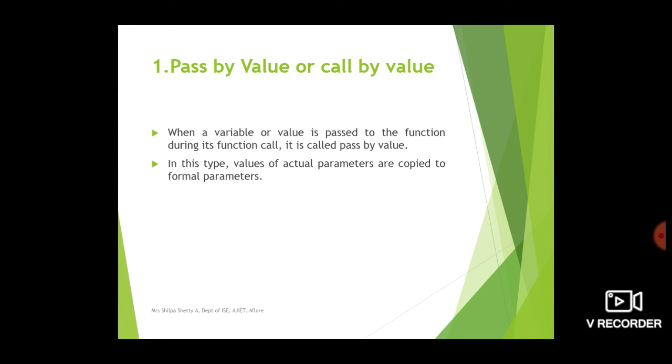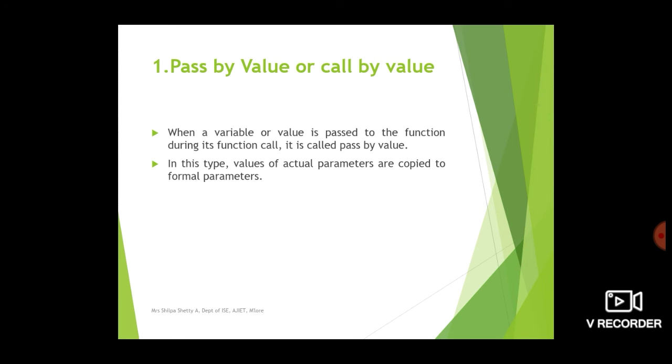Instead you will make a Xerox of it and give it to your friend. If any changes are made in the Xerox copy by your friend, it does not affect your original copy. Your original copy will be as it is. All the changes are visible only in the Xerox copy. This kind of technique is called call by value.